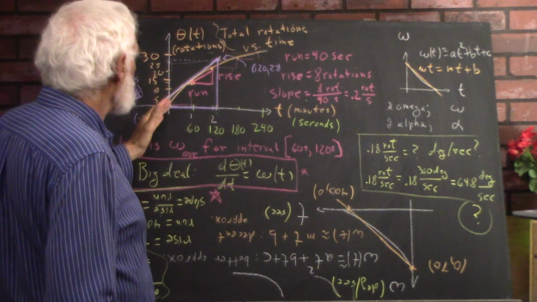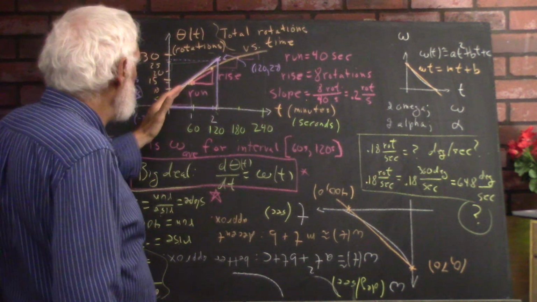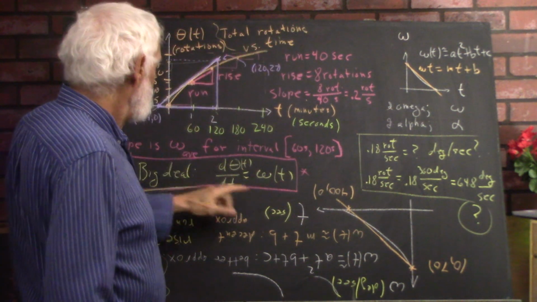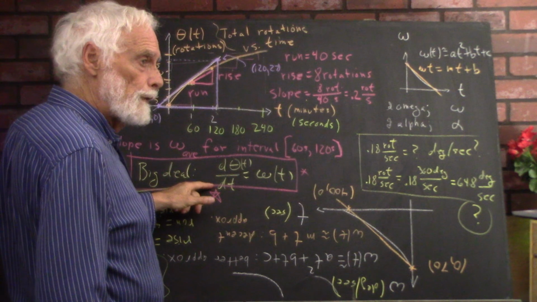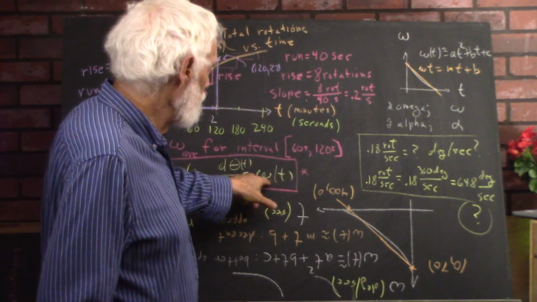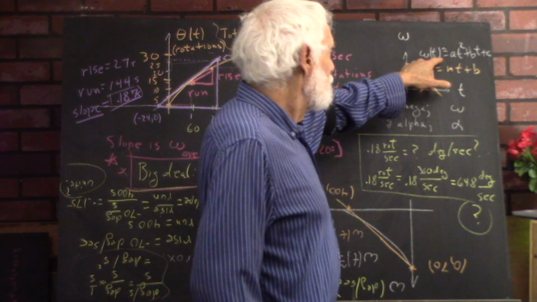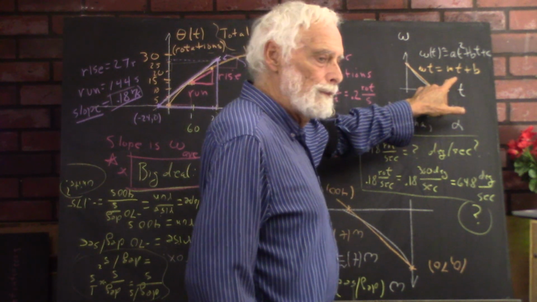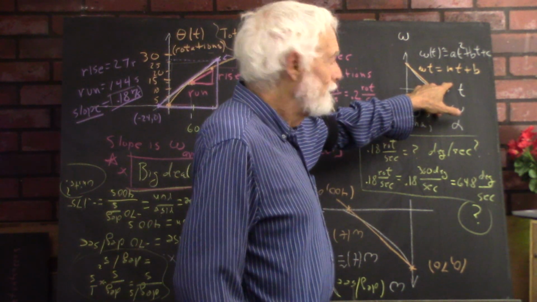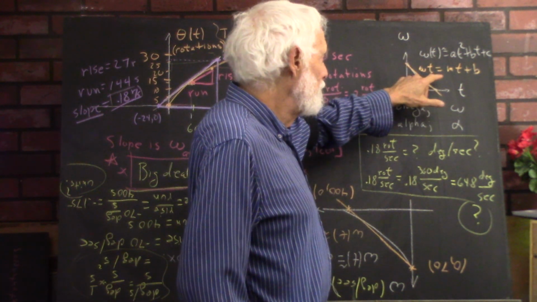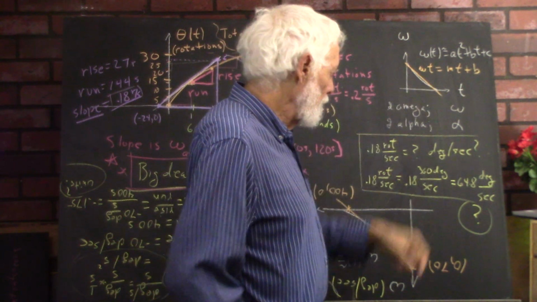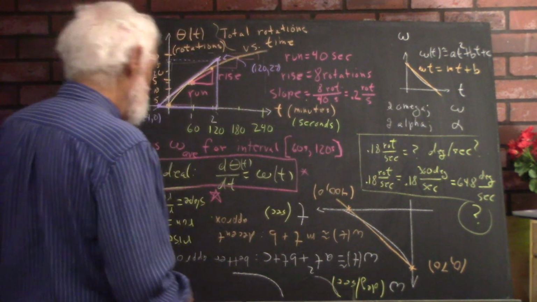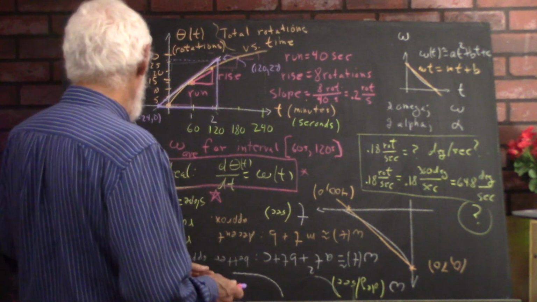Okay, if we had a formula for our theta of t, we could calculate its derivative and compare with what we get for our omega of t in this form, with a reasonable degree of accuracy. So that's what we're really up to.